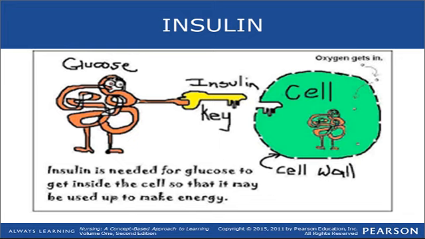The gestational diabetic, or a type 2 diabetic that is pregnant, if they cannot control the blood sugar with diet and exercise, because you cannot take the oral hypoglycemic medications during pregnancy.